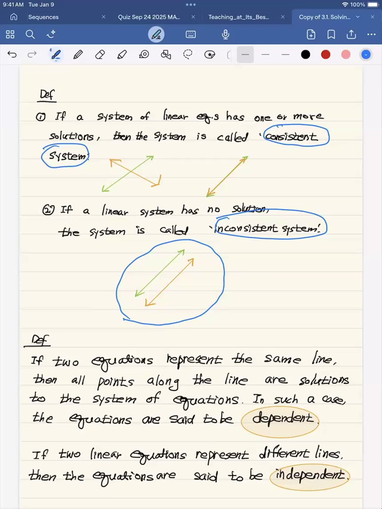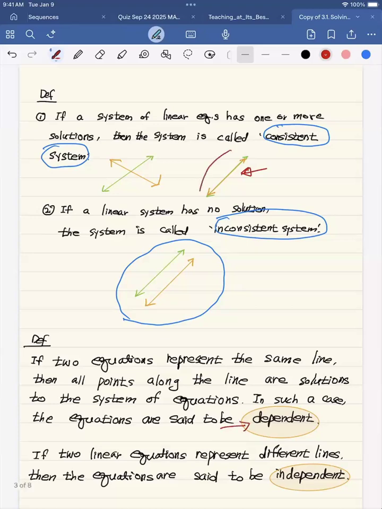The next definition is if two equations represent the same line. So we are talking about this case. Then all points along the line are solutions to the system of equations. In such a case, the equations are said to be dependent.